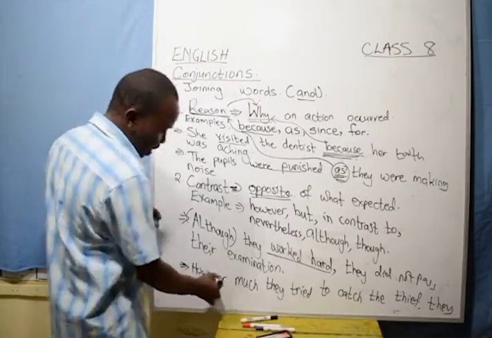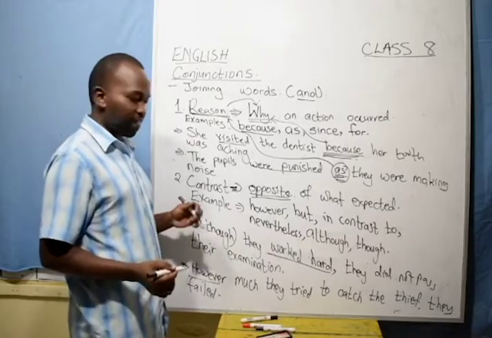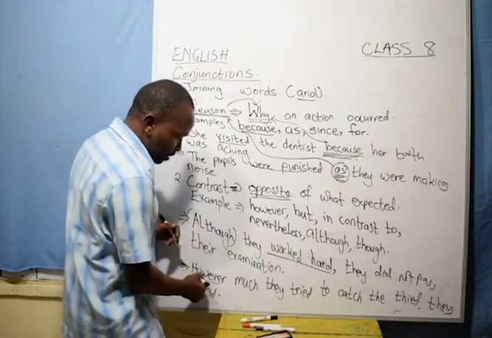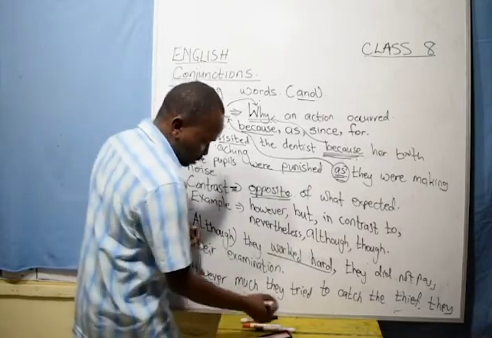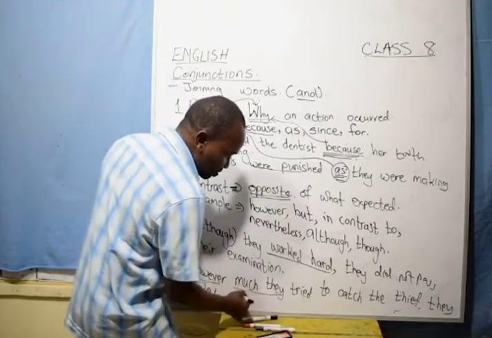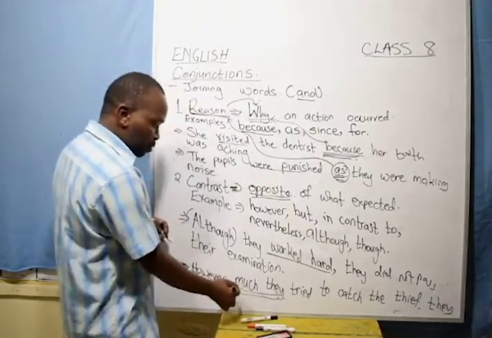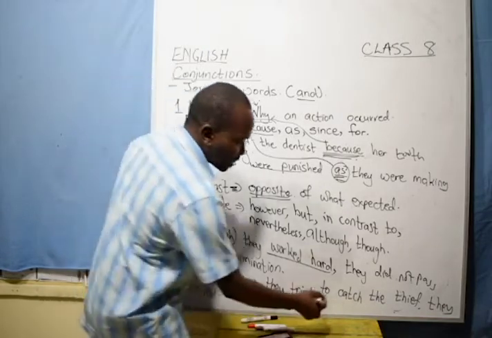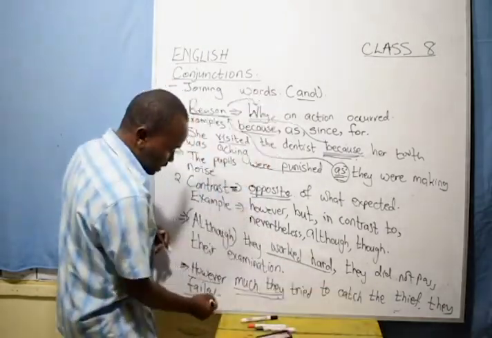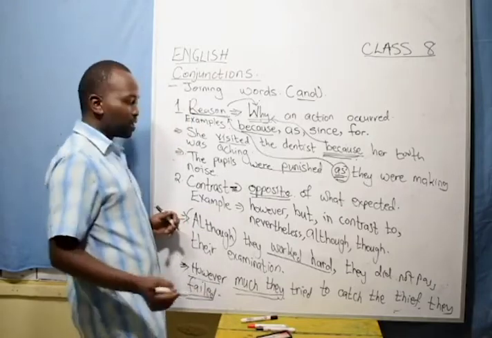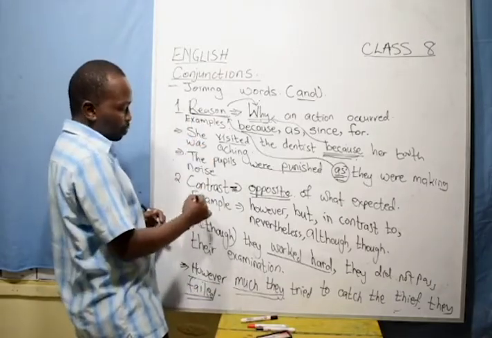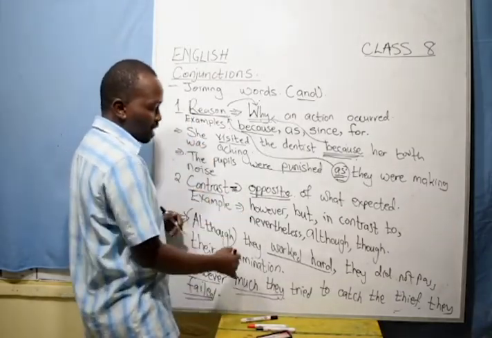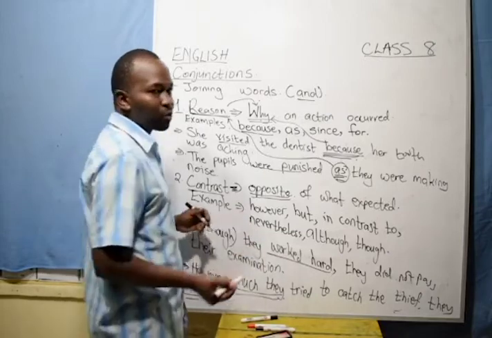However much they tried to catch the thief, they failed. You expect somebody who tries something very much to succeed. But these ones, they did not succeed in catching the thief. So, these are examples of conjunctions of contrast and how we use them.